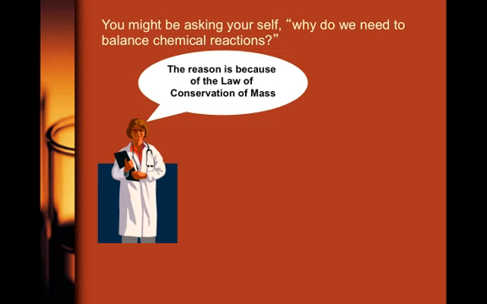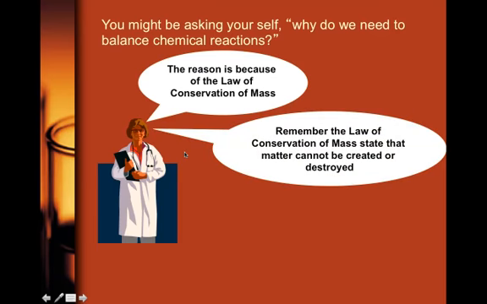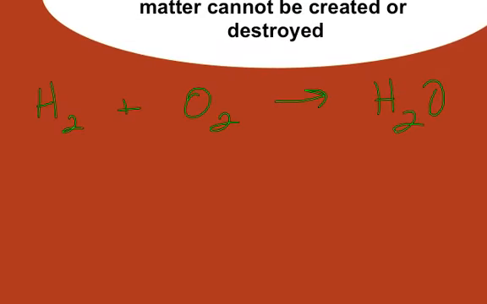As an example, let's say that I had a simple little equation of hydrogen plus oxygen makes water. In this equation, you ought to very quickly be able to decipher that something is not equaling on here. Over here we have two oxygen atoms, and over here we only have one oxygen. There's a 1 here. We have one oxygen atom.